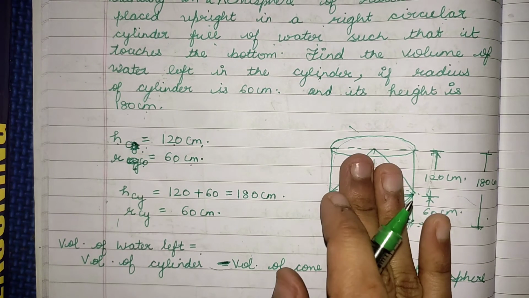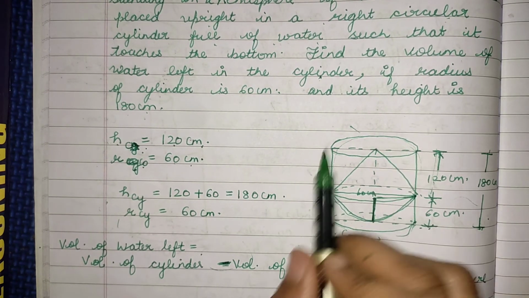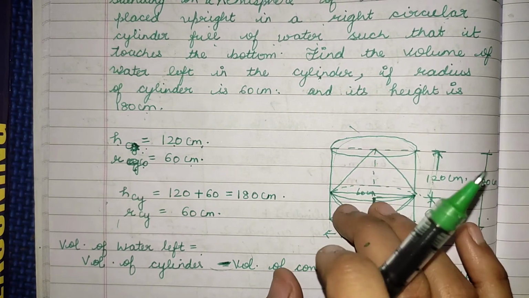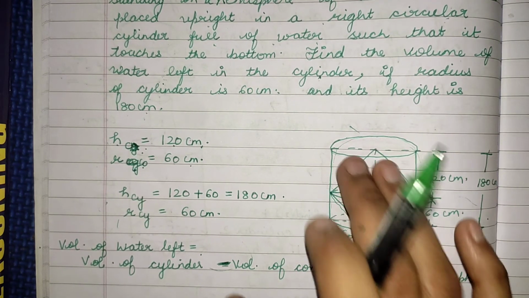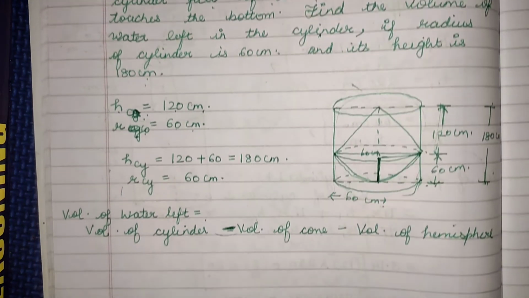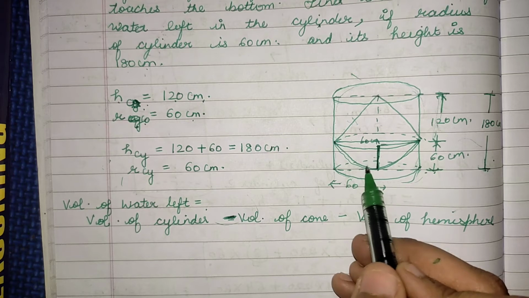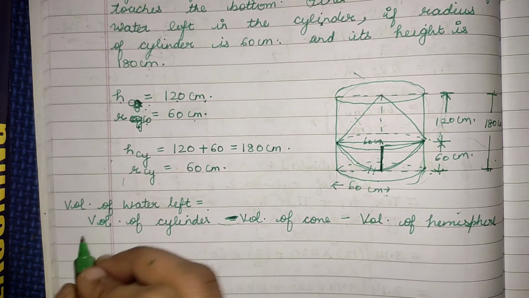If this complete part is not there and only the cylinder is there, I have to remove this part, so I also remove the volume of these two parts from the figure. Volume of the cylinder minus the volume of the cone minus the volume of this hemisphere.